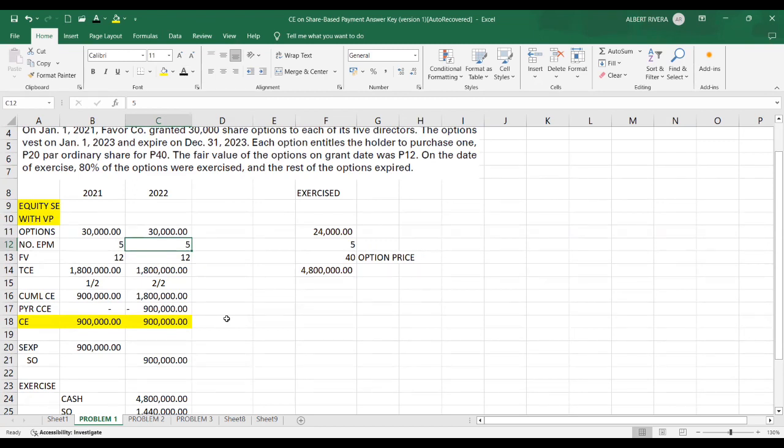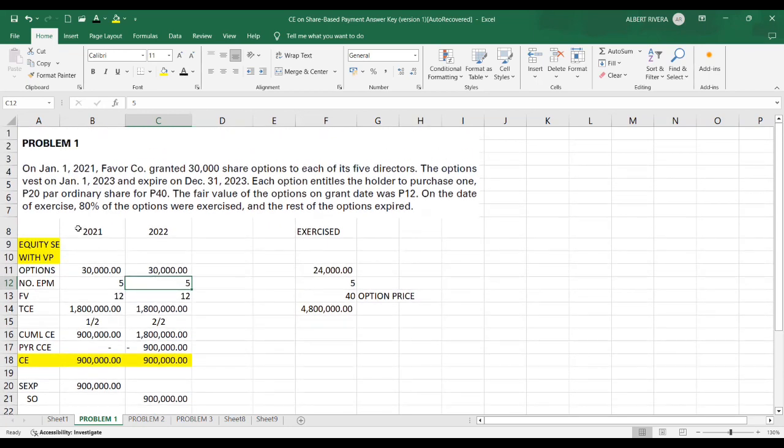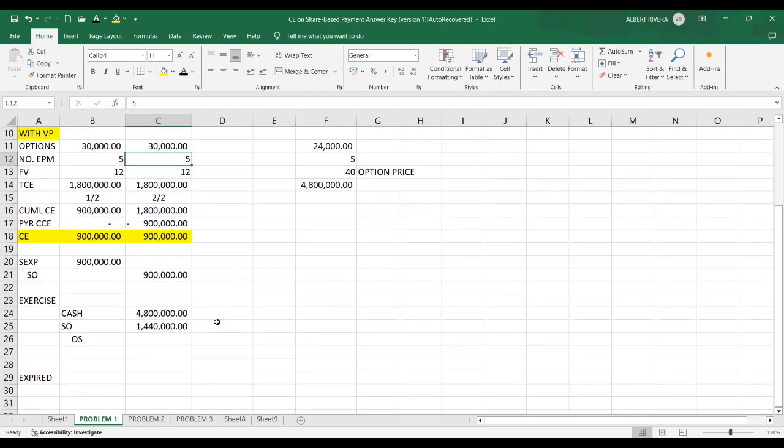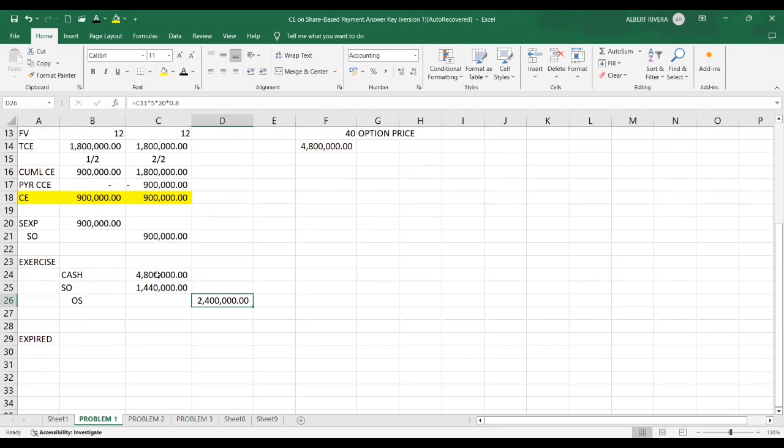So I have now 24,000 times 5 employees, no? And times the par value of the shares of 20. Okay, so this is now your credit 2,400,000 pesos. And the excess 4.8 plus 1.44 minus 2.4 would be your share premium, equivalent to 3,840,000.